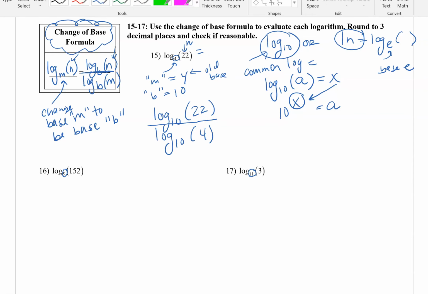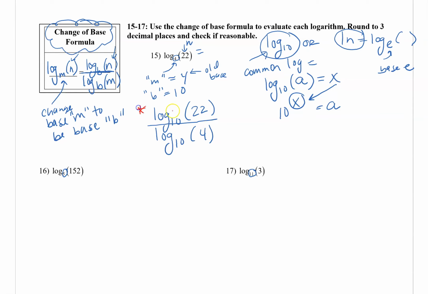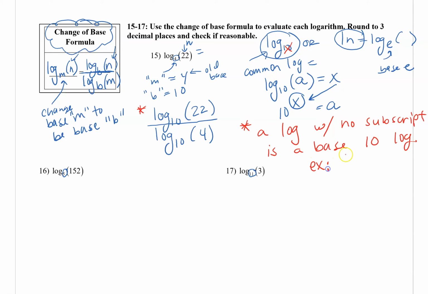One other comment is that because the log base 10 is so common, we don't write the subscript. So a log with no subscript is a base 10. For example, if you had log of 100 equals what, you can see there's no subscript there. It's kind of like a square root.